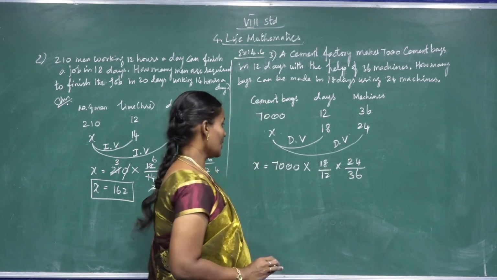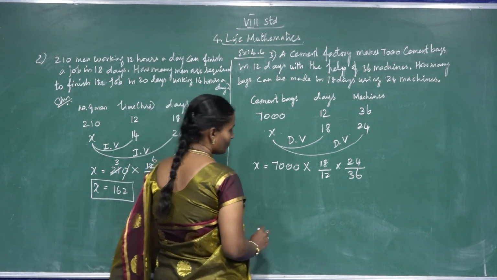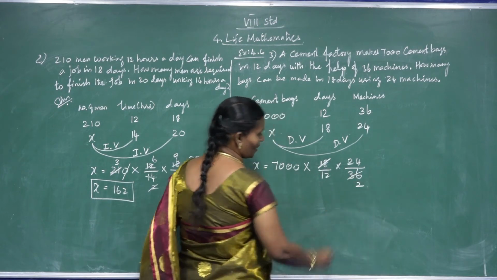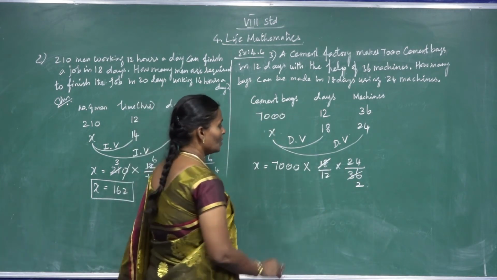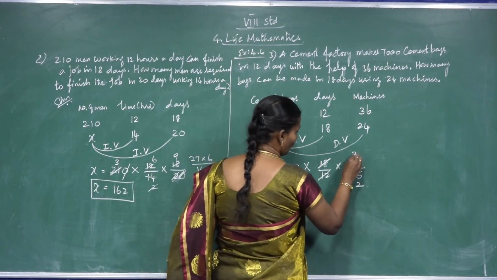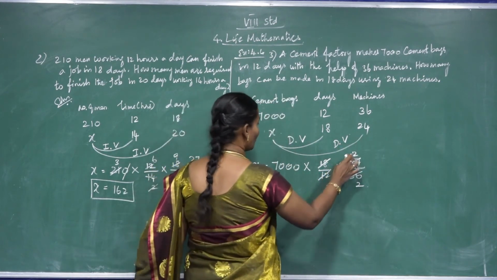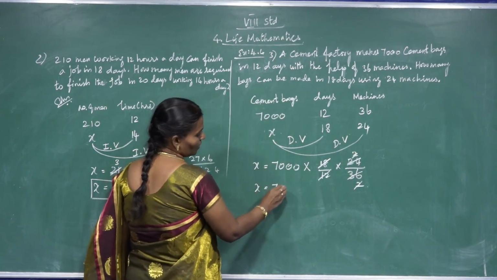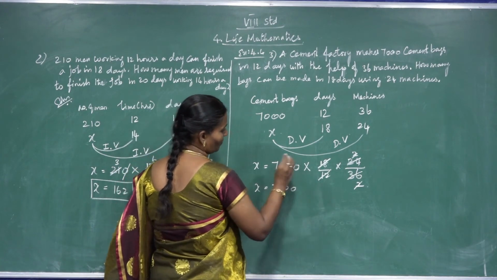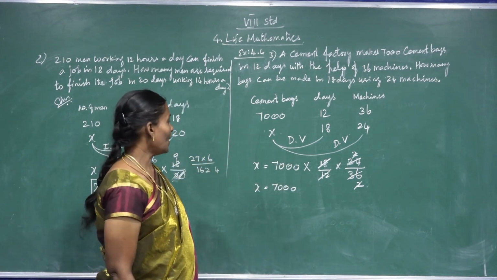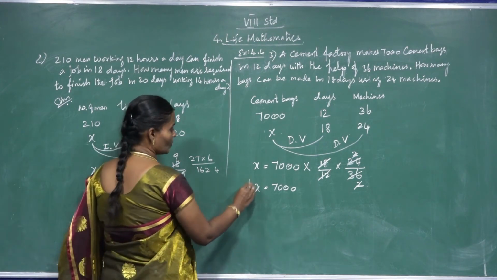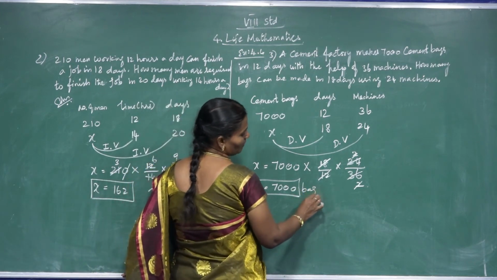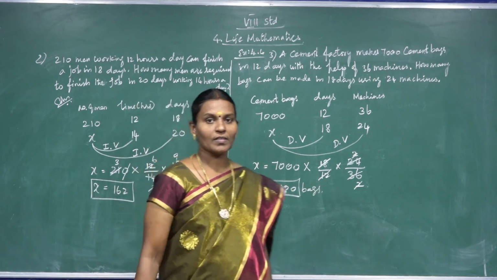Now cancel: 18 2s are 36, 12 2s are 24. So the 2 cancels, and X is equal to 7,000 bags, the same. Understand, children? The answer is 7,000 cement bags.